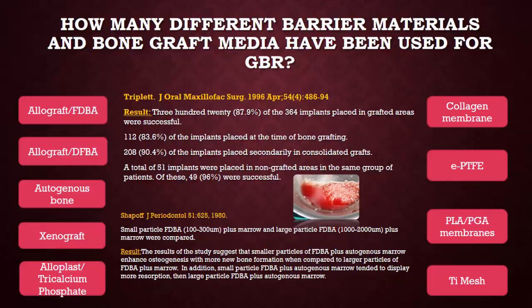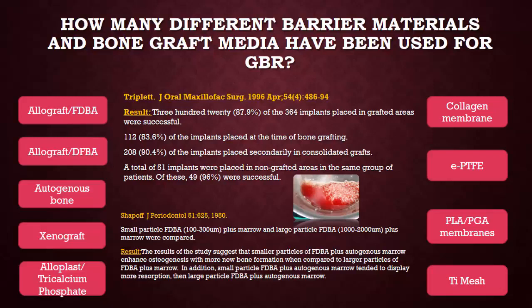So as you can see, small particles give us more osteogenesis. Why? Because it has more surface area and we have more interparticular spaces that allow the blood vessels to penetrate the bone graft.